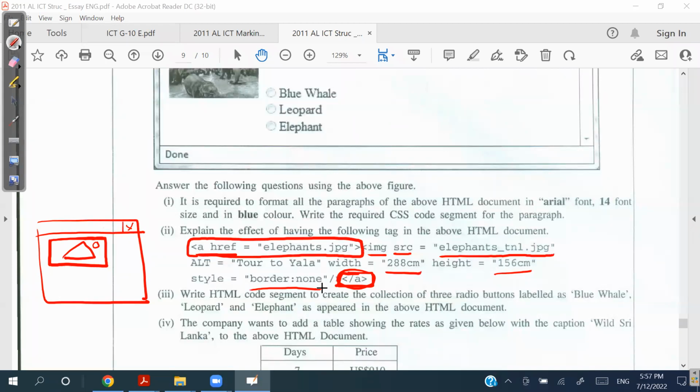So be very careful when you are answering, right? So when this particular picture is clicked, then this particular picture will open, right? So that is the idea that you have to take from here.